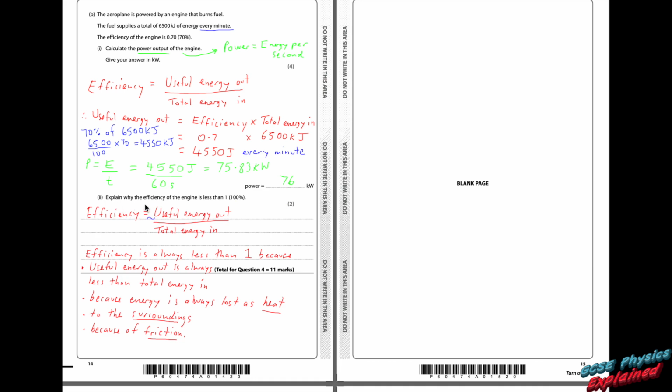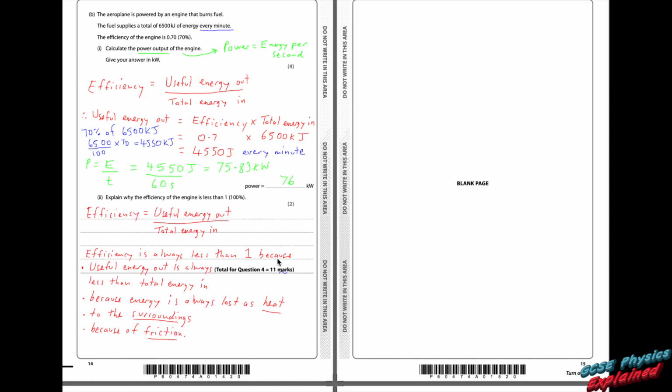Part 2. Explain why the efficiency of the engine is less than 1, which would be 100%. Well, a lot of students get confused with this kind of question, and what I say is start with the equation for efficiency. So efficiency is useful energy out over total energy in. So why would the efficiency always be less than 100%, or why would it always be less than 1?